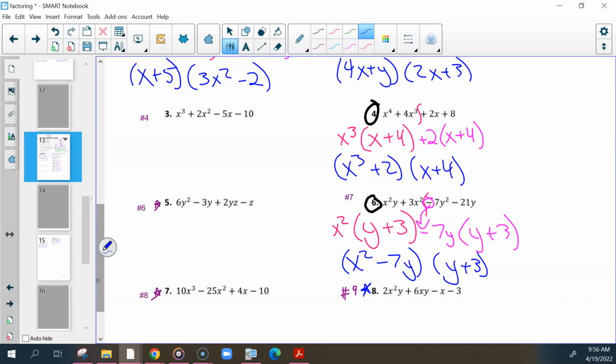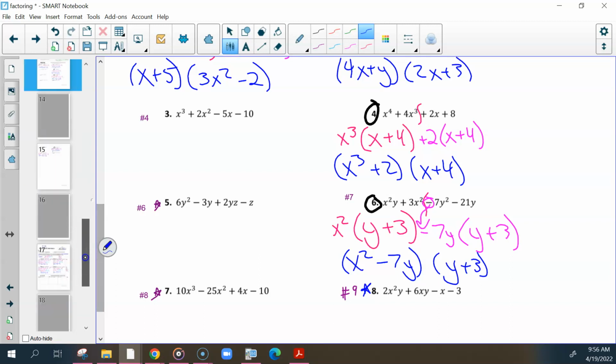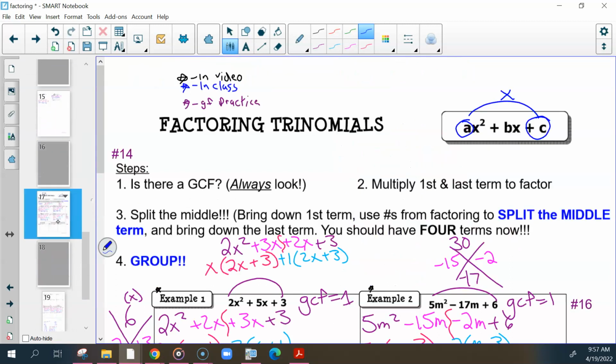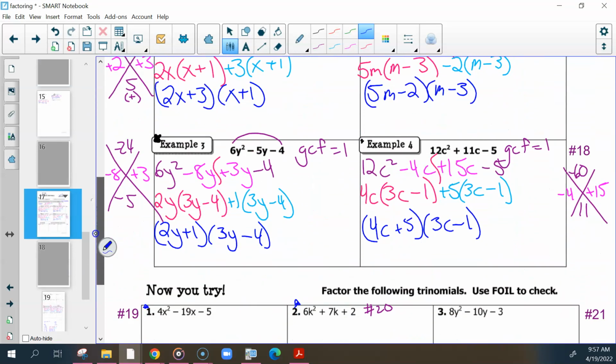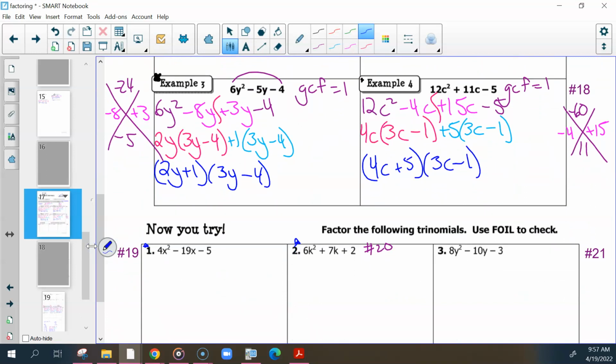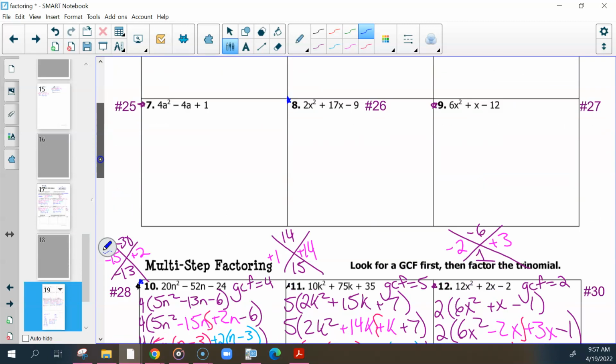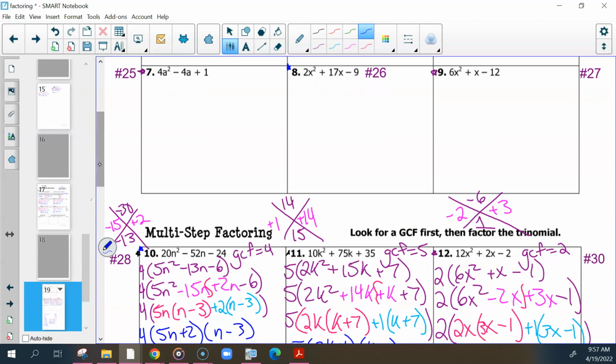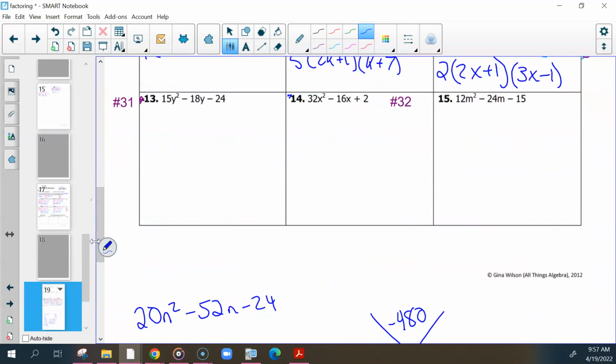Make sure you're circling these numbers 3, 5, and 12 on grouping, and then factoring trinomials numbers 1, 2, 7, 8, and then 13 through 15. So 1, 2, 7, 8, 13 through 15. Is that it? Yeah, you can do more if you want.